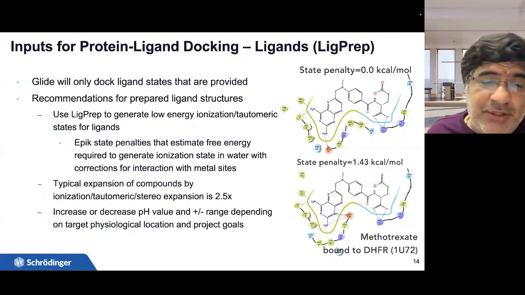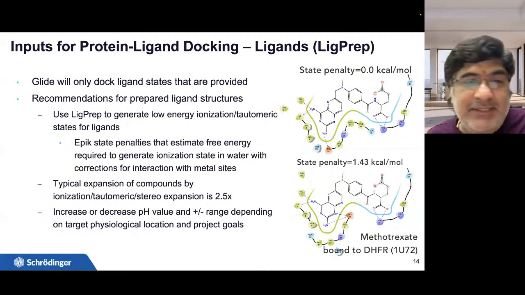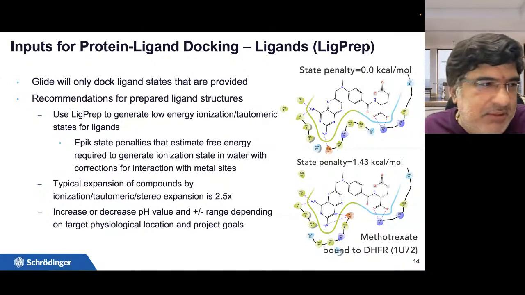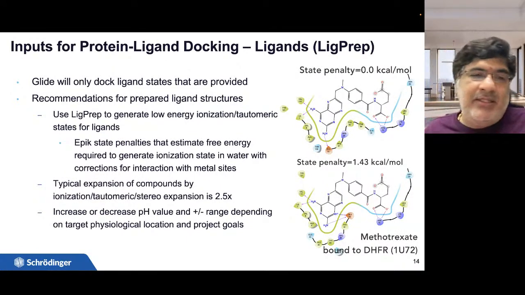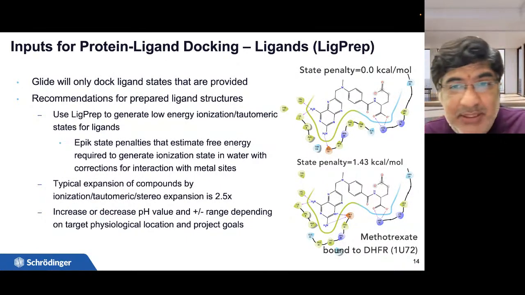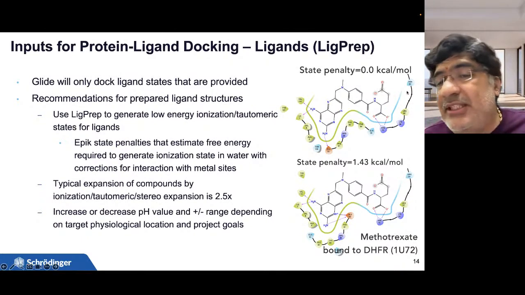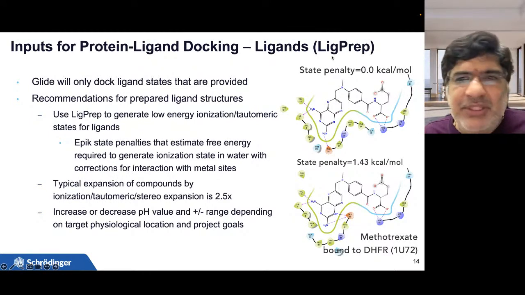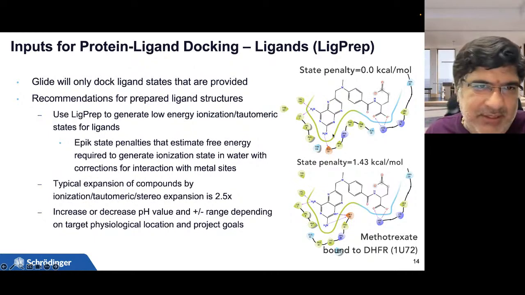Not only geometry optimization, there are several other factors. There would be chirality definition, tautomeric forms possible, and different ionization states possible, right? All those things have to be taken care of. In Schrodinger, we have a tool called LigPrep, which easily handles all those things. In one click of a button, it will take care of all those things.